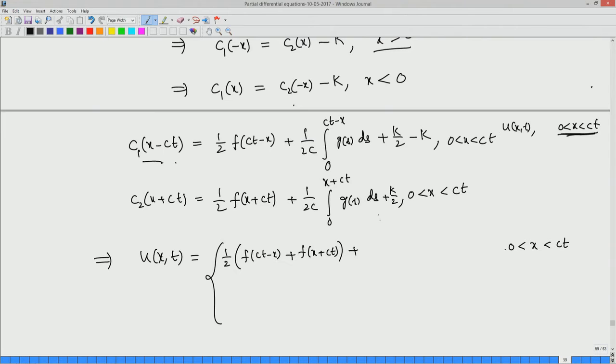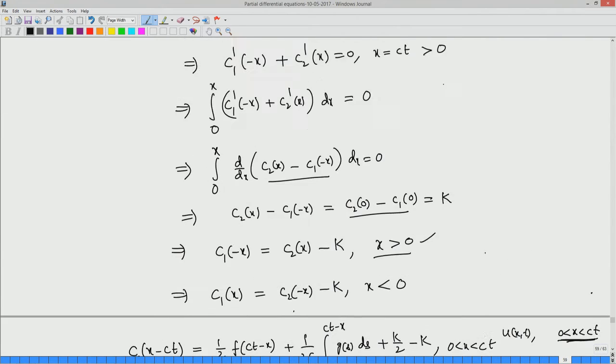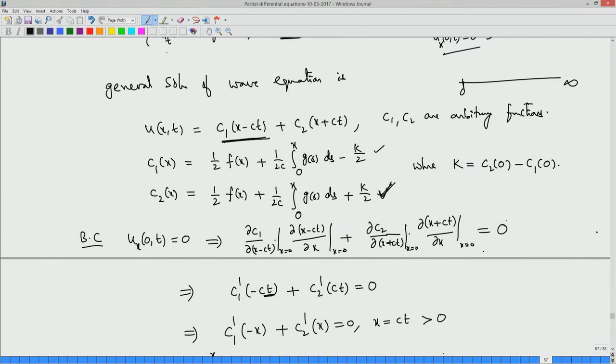So, when you add it, what you are left with is simply this, integral 0 to Ct minus x of g(s) ds plus integral 0 to x plus Ct of g(s) ds, for this domain. What happens when x is greater than Ct? Both C1 and C2 are positive. C1 at x minus Ct, and at x plus Ct, both are positive.